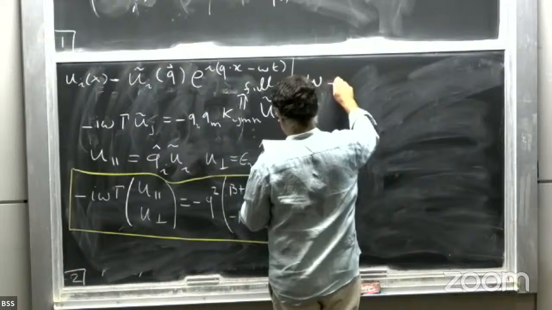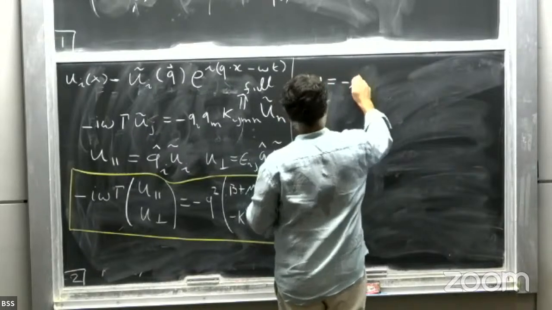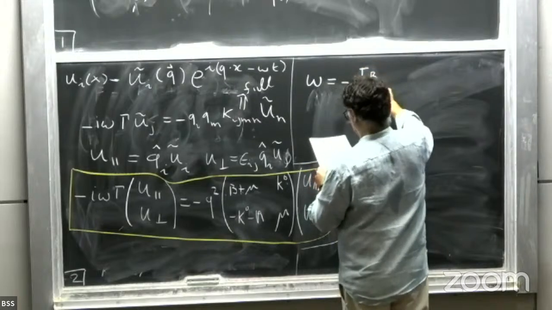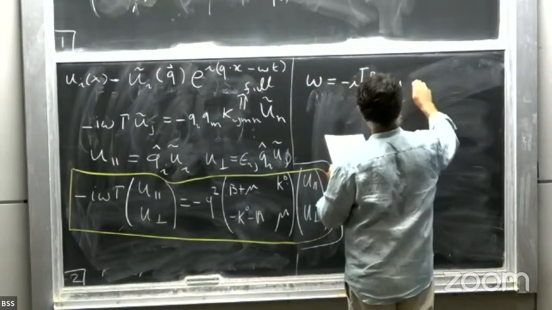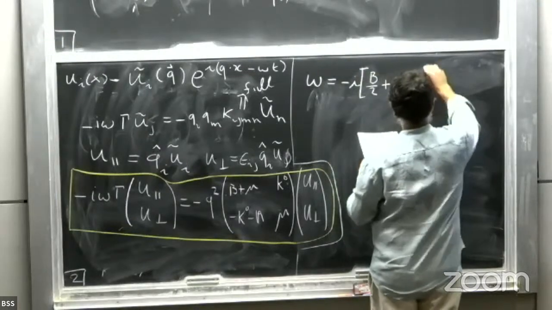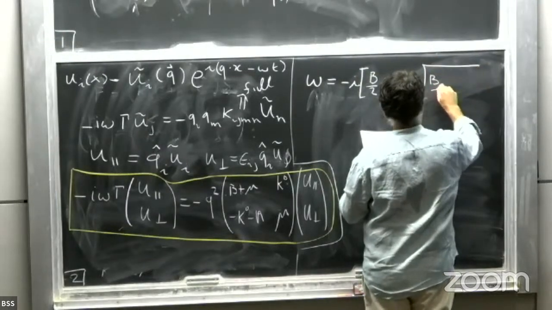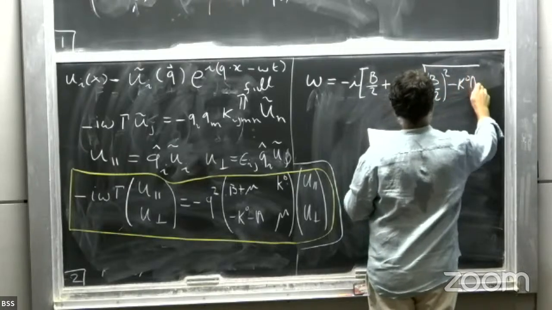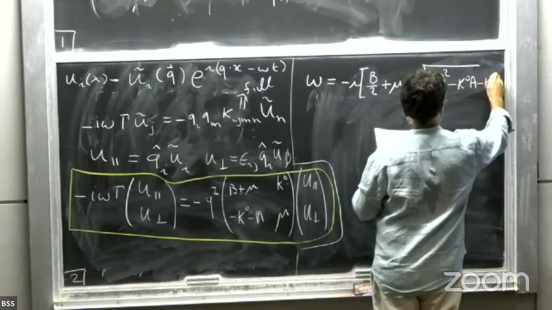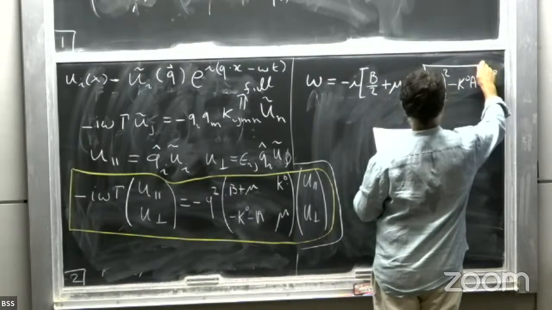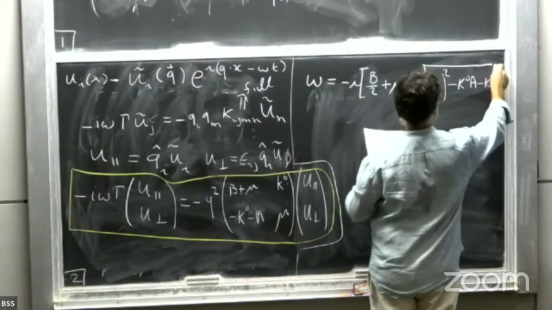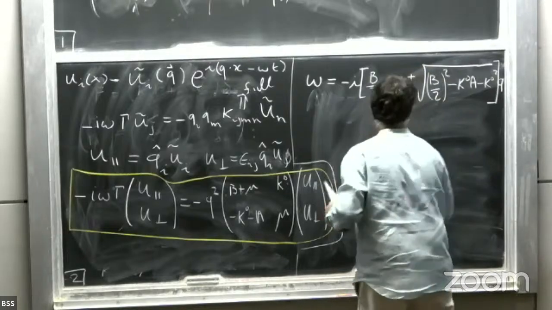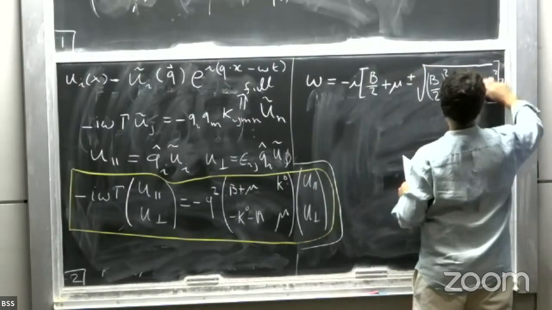And the answer you're going to get is omega equal minus i, so this comes from diagonalizing that matrix, (B divided by 2 plus mu) plus minus square root of ((B over 2) squared minus K naught A minus K naught squared), all of this times q squared. Now, I would have loved a bit more space. Let me try to squeeze it.